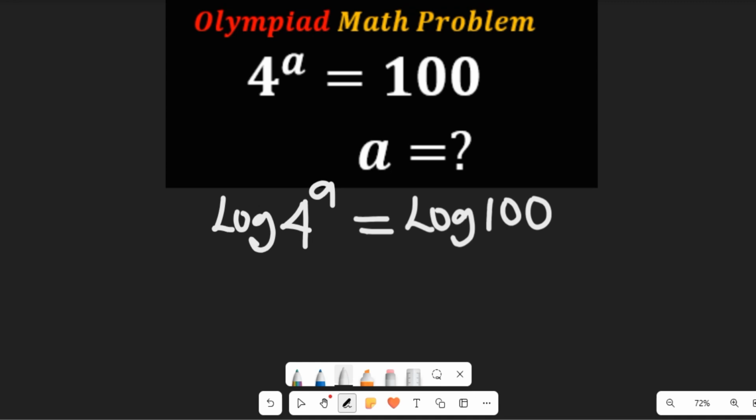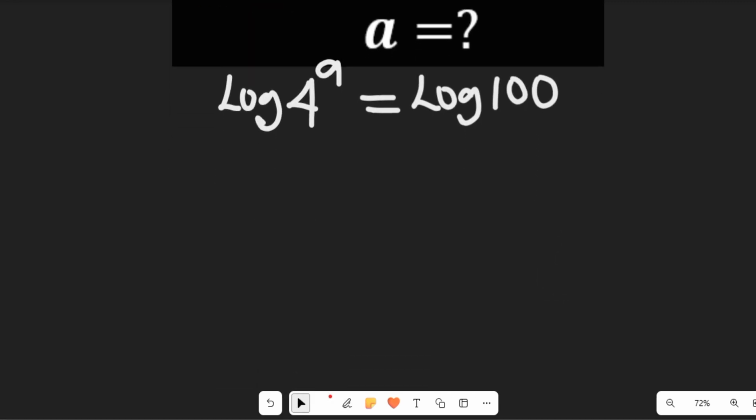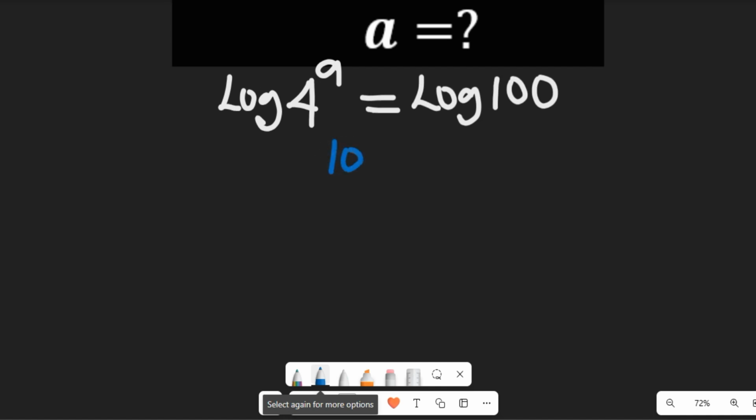Now, if I have this to be the log of 100, 100 can simply be simplified. If I have 100, I can simplify 100 to give me 4 multiplied by 25, right? So I can simplify that further. In the next step, also recall the law of logarithm.